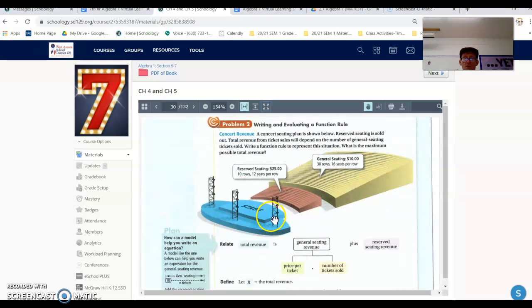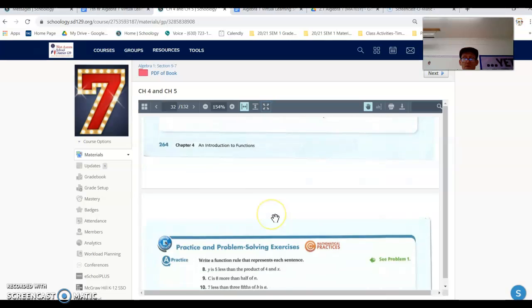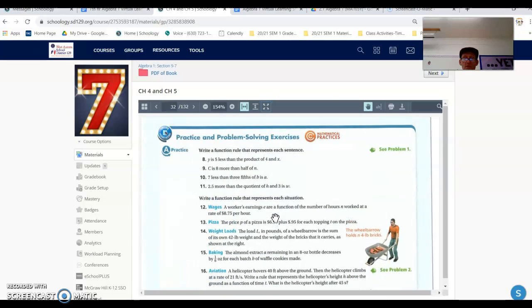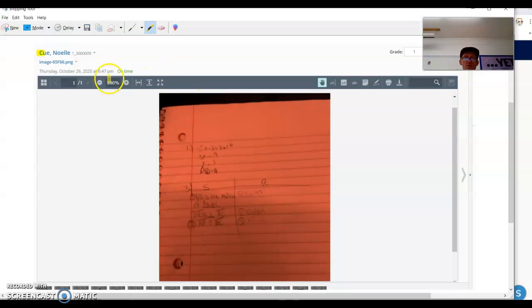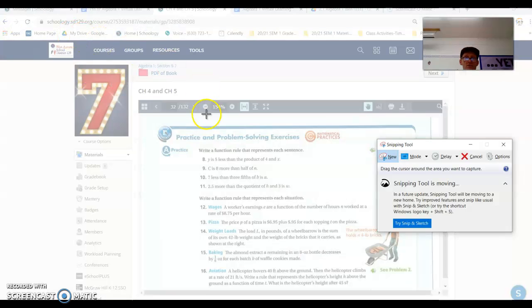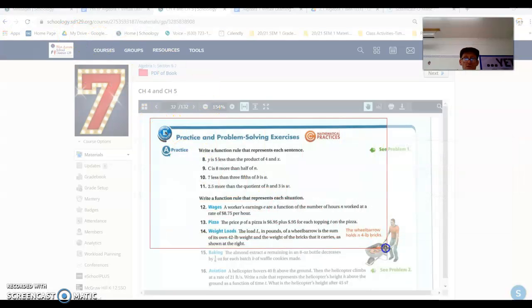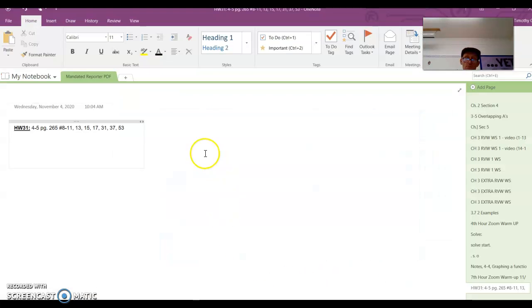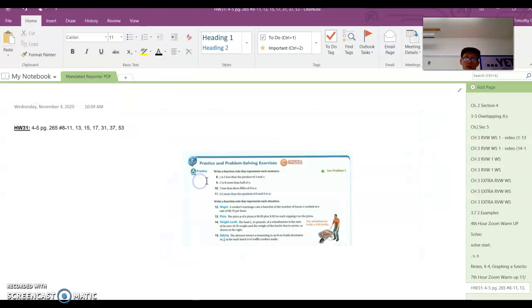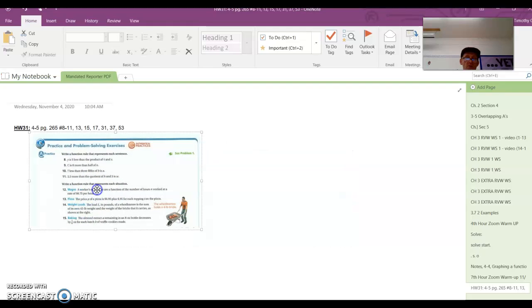So we ended up with having to do 8 through 11. We'll take a picture of this and put it on Schoology, put it on the notes. It's kind of a pain, but it is what it is. So we have 8 through 11, 13, 15. We can do that here.